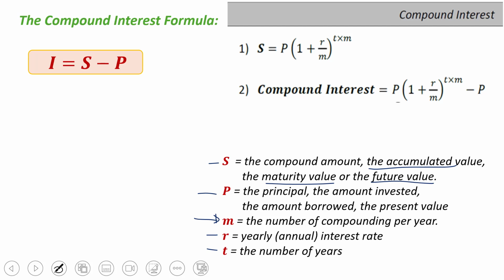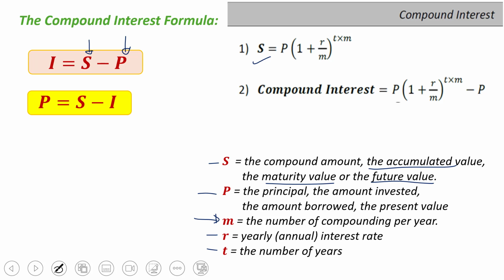If you would like to have only the compound interest, you take the maturity value, or the future value, or the accumulated value, minus the principal value. This is the compound interest. If you would like to have the principal amount, you can calculate S first, and if you know the interest, the maturity value minus the interest gives you the principal value, right?